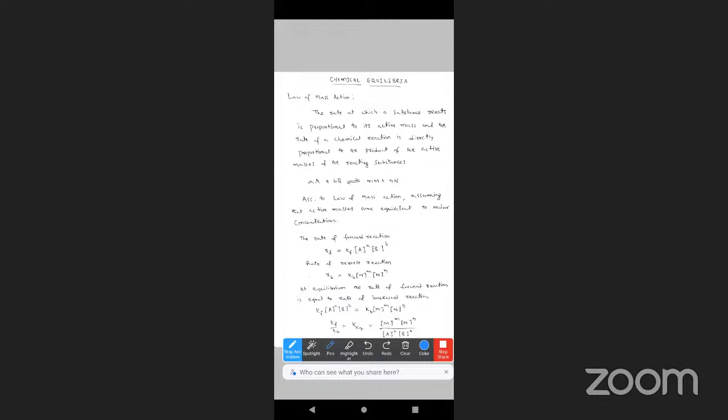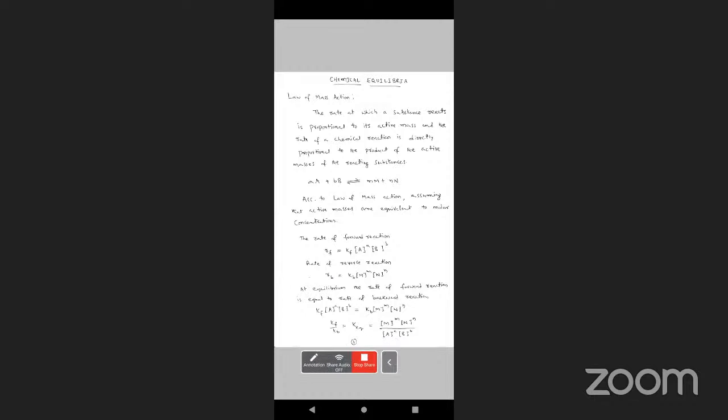At equilibrium, the rate of forward reaction is equal to the rate of backward reaction, so we can equate these two equations: Kf into [A]^a [B]^b equals Kb into [M]^m [N]^n.